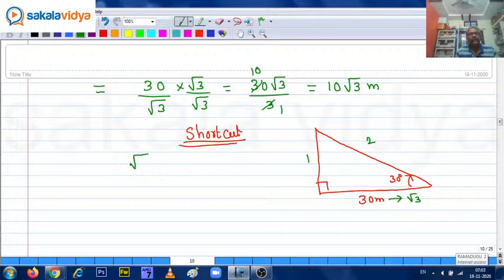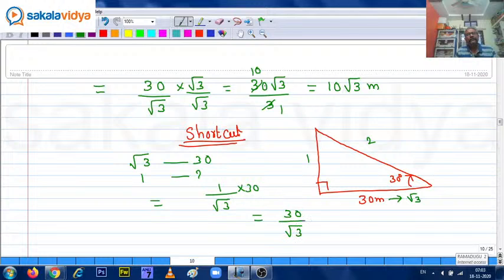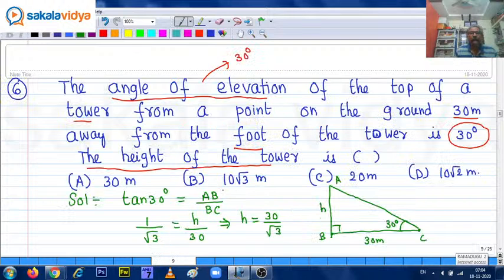So that means root 3 parts is 30. We need one part. One part is equal to how much? 1 by root 3 into 30. Obviously 30 by root 3. You get the same step only. Rationalizing, you get 10 root 3 meters. So without any trigonometric ratio, we can solve this problem. So B is the right option.